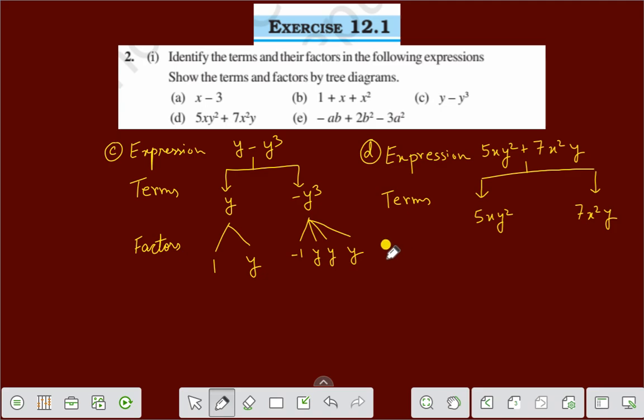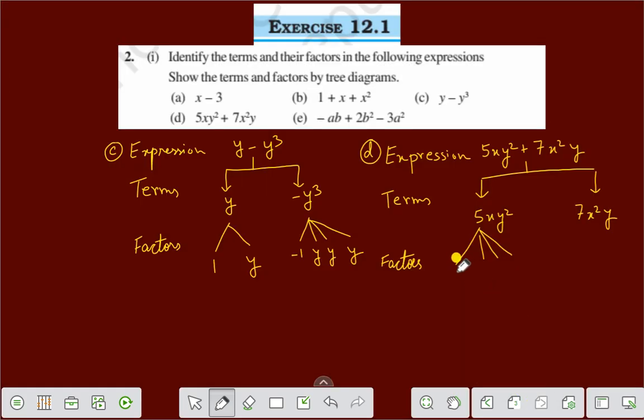And if you find the various factors, we'll get for the first term: one is 5, one is x, then y, then y, right?